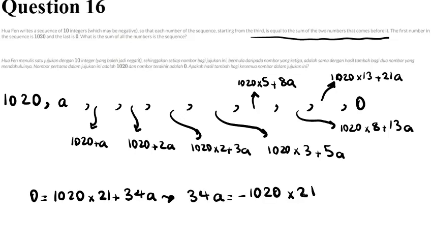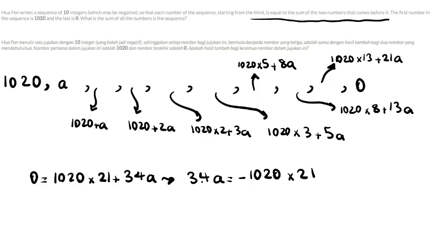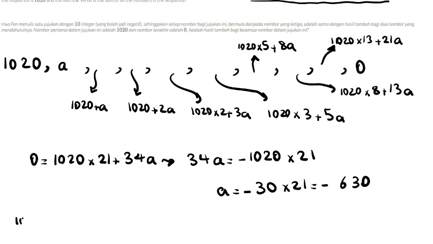Okay, now we add up all these numbers. It will be 120 factor 1 plus 1 plus 1 again, 2, 3, 5, plus 8 plus 13, and plus a, where we replace a with negative 630: 1a, 1a, 2a, it will be 1 plus 1 plus 2 plus 3 plus 5 plus 8 plus 13 plus 21.